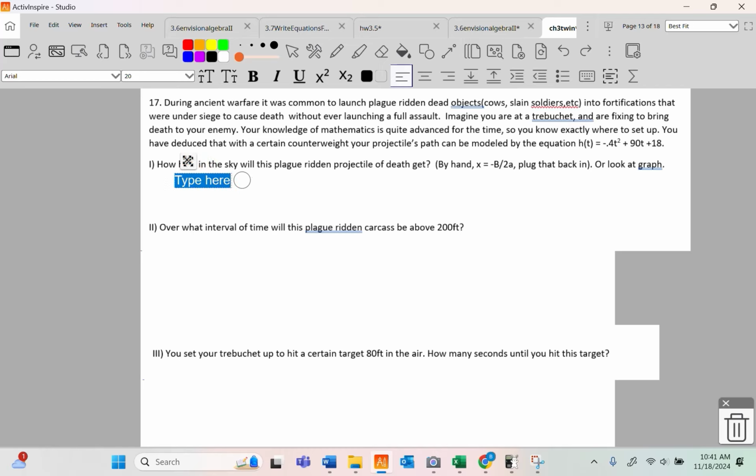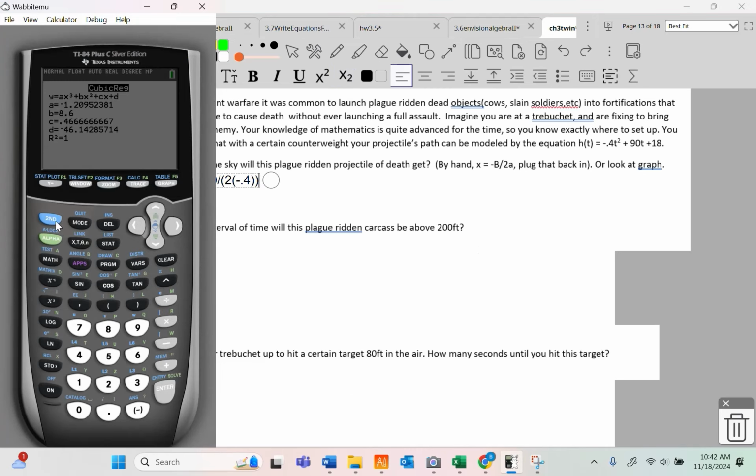You can do x equals opposite b over 2a. I strongly encourage you to do that. The x-coordinate of the vertex is going to be at -90 divided by, since I'm typing parentheses, 2 times a -0.4. Just to make sure I don't make any mistakes here, even though it takes longer, -90 divided by parentheses 2 times a -0.4 is 112.5.